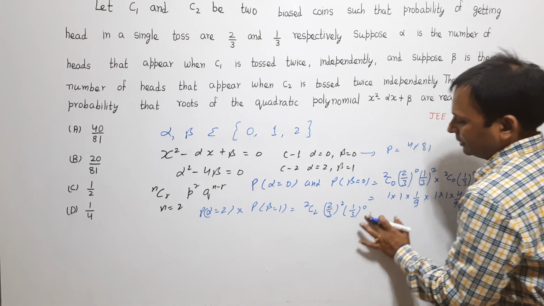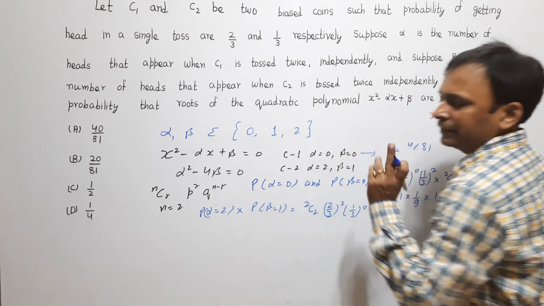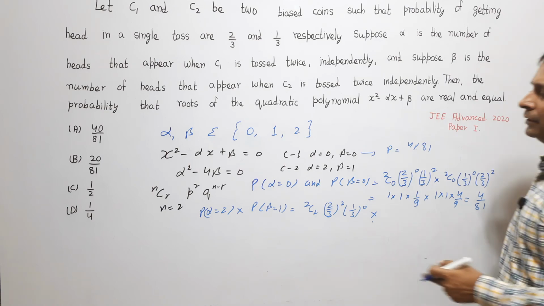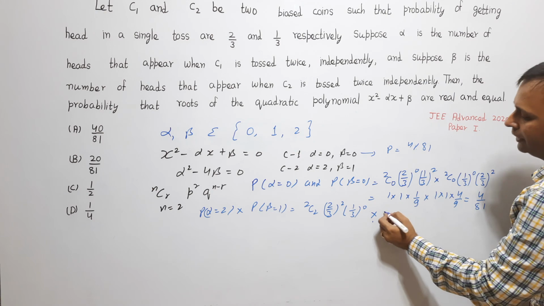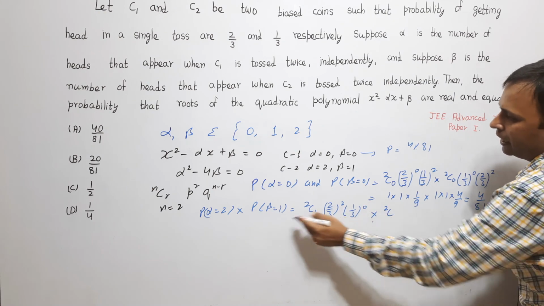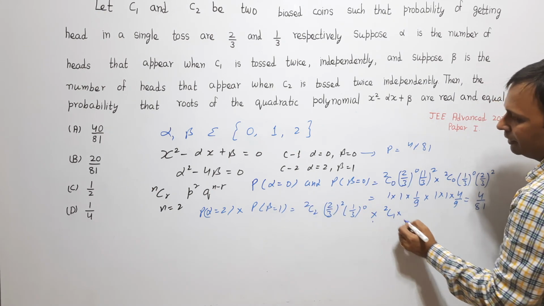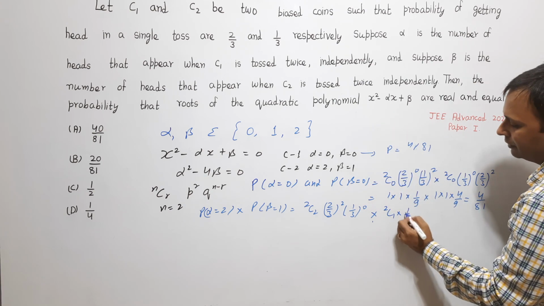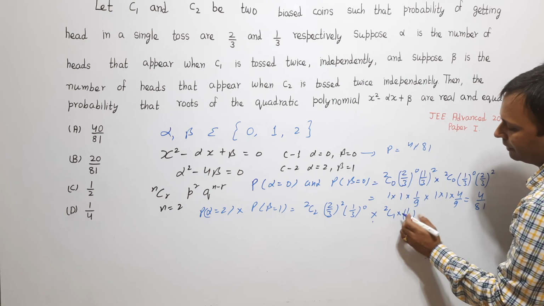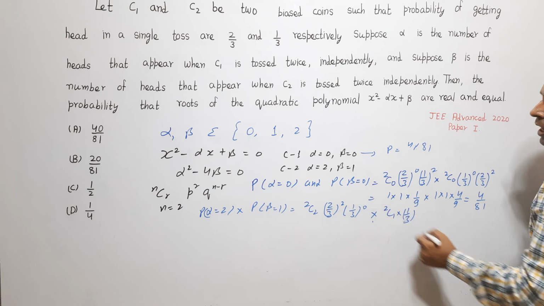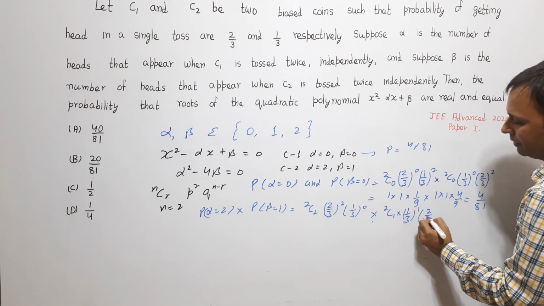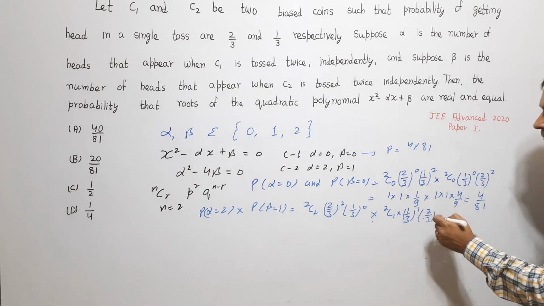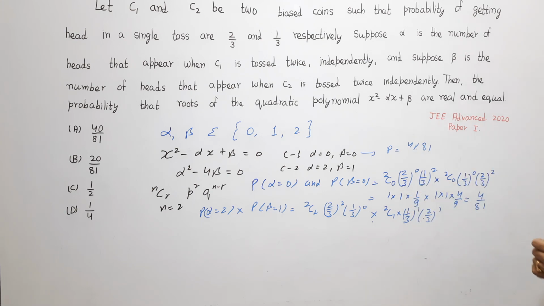Now multiplied by the probability that beta is equal to 1. What is the required probability here? p is 1 by 3, n is equal to 2 and r is equal to 1. So 2c1 multiplied by 1 by 3 raised to the power r, which is equal to 1 here, multiplied by 1 minus 1 by 3, which is 2 by 3, raised to the power n minus r, which is 2 minus 1, that is equal to 1.